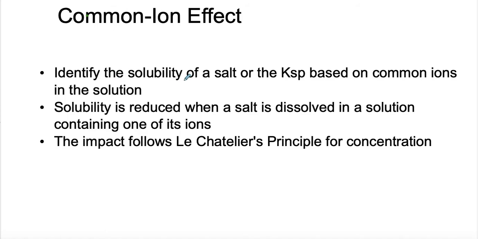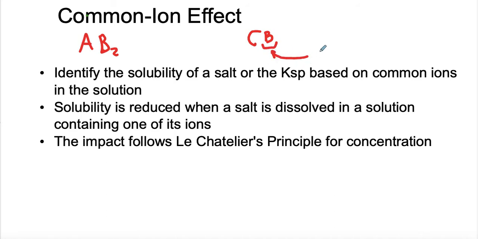If you have an ion that is a part of it, so let's say B2 is what we're looking at. That's our chemical that we're looking at. And let's say that we add a CB chemical in there. Well, we have this ion B that's part of our expression. This is your common ion right here.